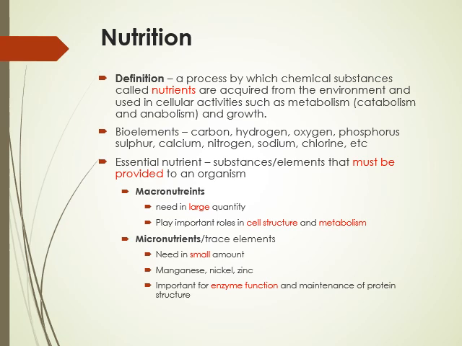The second one is the micronutrient, or called trace elements. They are needed in small quantity. So the micronutrients play important roles in cell structure and the metabolism, important things in the cells. Without this, of course, the microorganism cannot survive.